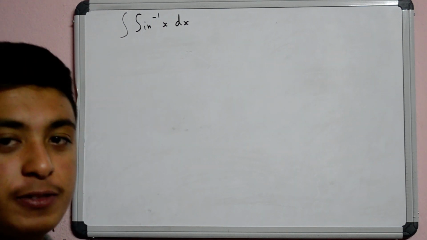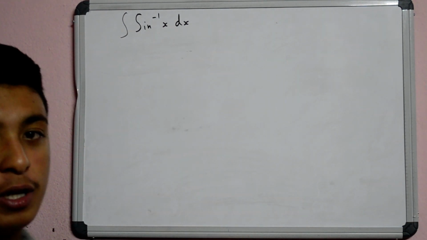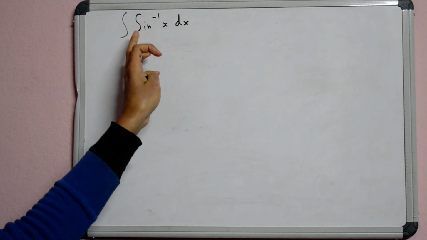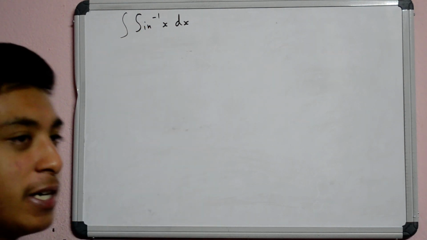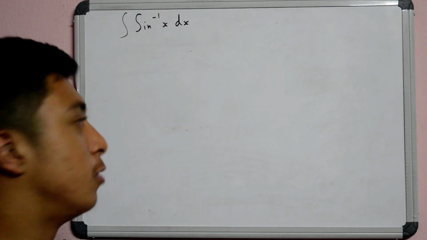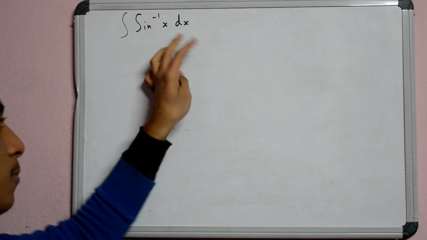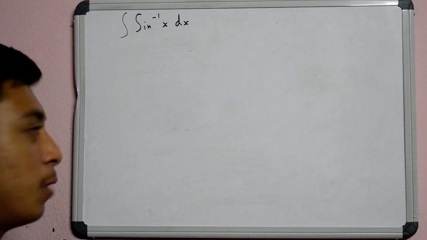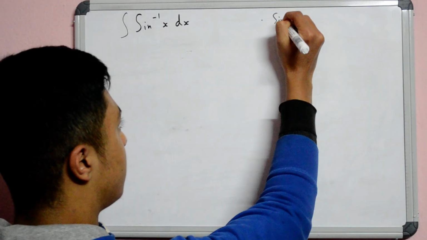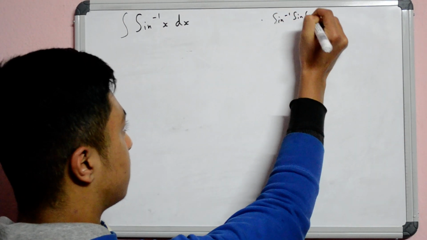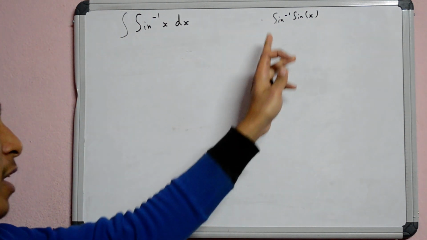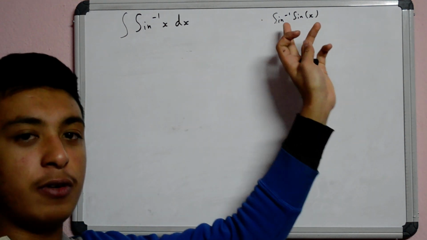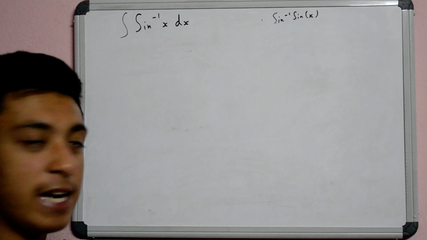It would be easier to compute this if there wasn't the sine inverse, right? If there wasn't the arcsin, it would be very easy to compute this. So to remove the sine inverse, we need to use the property that the sine inverse function is basically the inverse function of sine x.